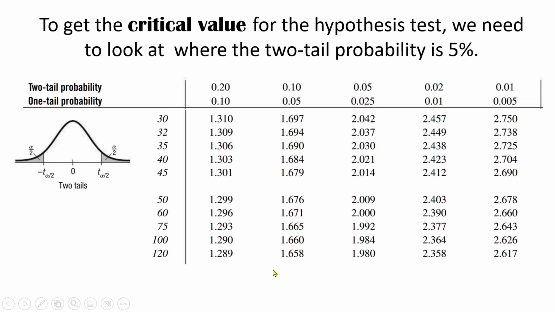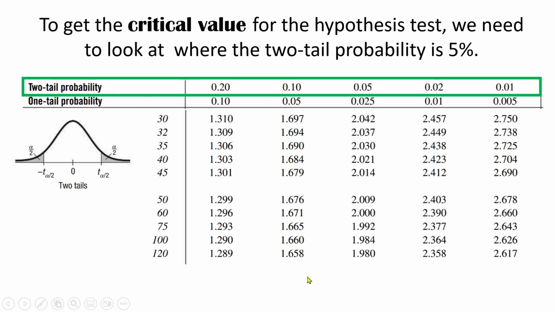Now we have to go, of course, to a z-table to determine the critical value for the test. And in this instance, we're looking at a two-tailed probability because it is a two-tailed test. We were asked to conduct the test at the 5% level of significance. So we want to put 5% in those two tails combined. And the degrees of freedom that we need to use is 100.